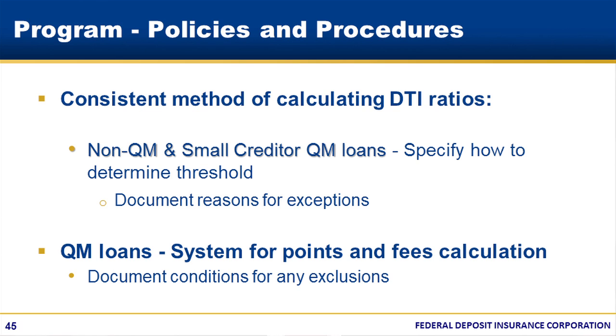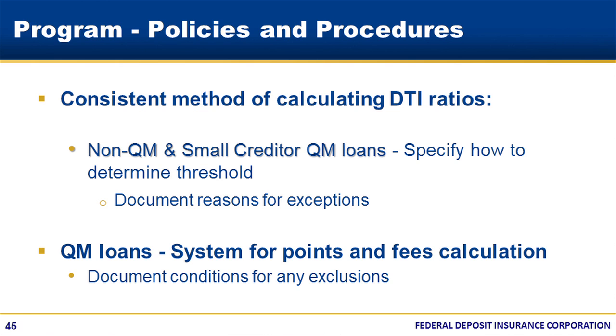If the bank chooses to write QM loans, policies and procedures should describe how it will determine compliance with the points and fees cap. This includes documenting that any conditions were met for excluding charges, if any, from the points and fees calculation.